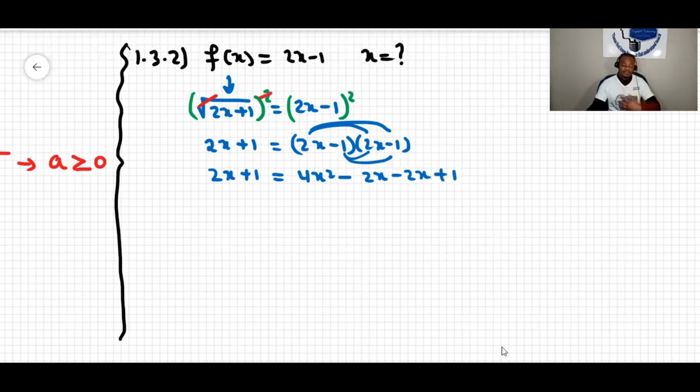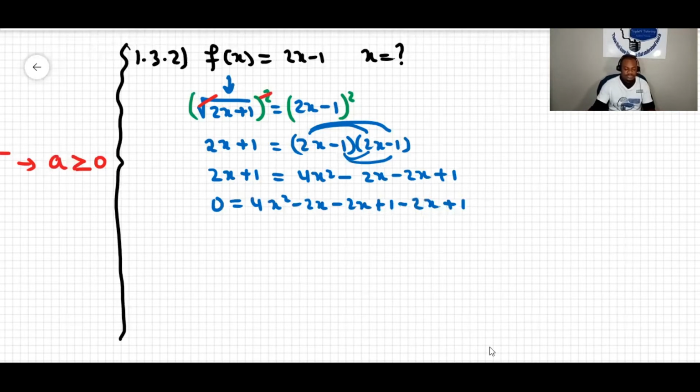Now I prefer to take everything from the left-hand side and move it to the right-hand side. So we'll have 0 equal to 4x squared minus 2x plus 1 minus 2x plus 1.